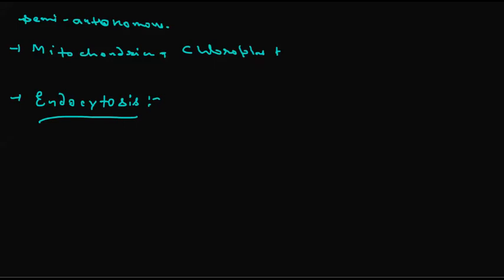So it means endocytosis can be there, like anything can easily enter inside the cell. So in the animal cell, anything can easily enter into it by osmosis or diffusion. Okay, we have to remember that.